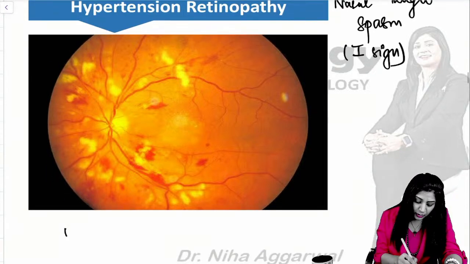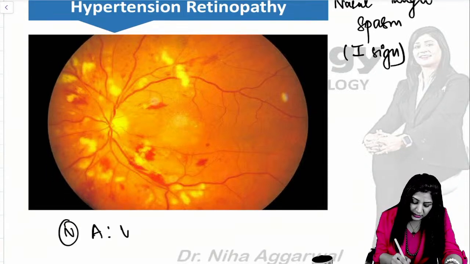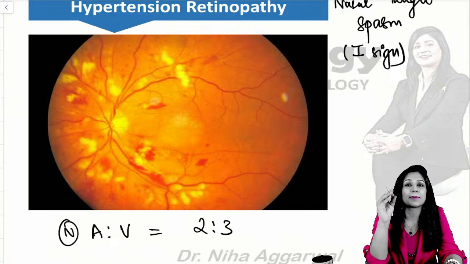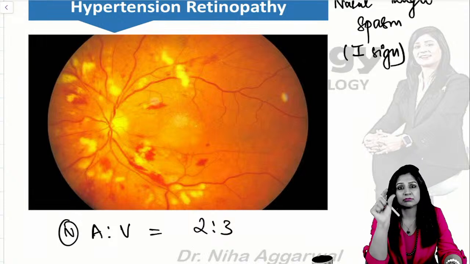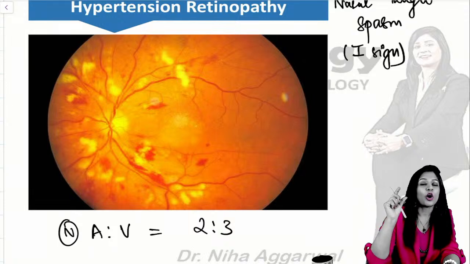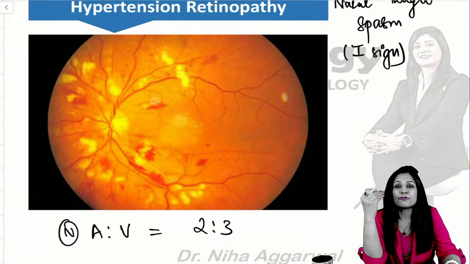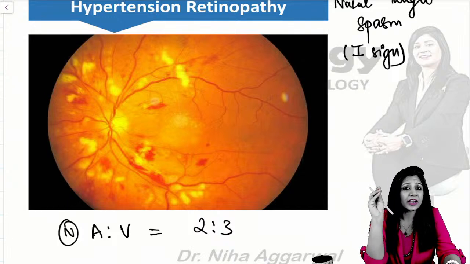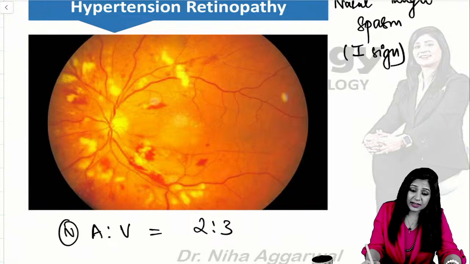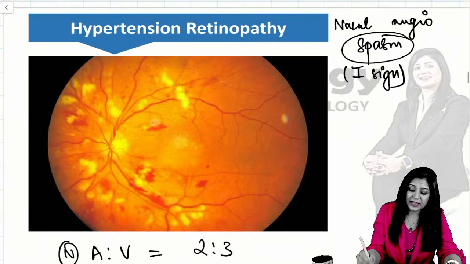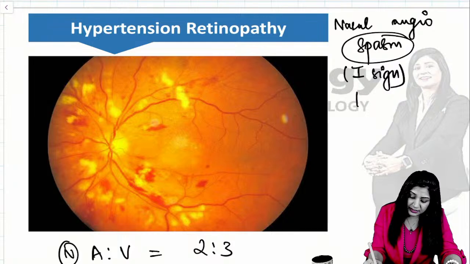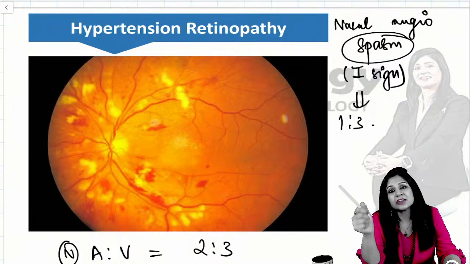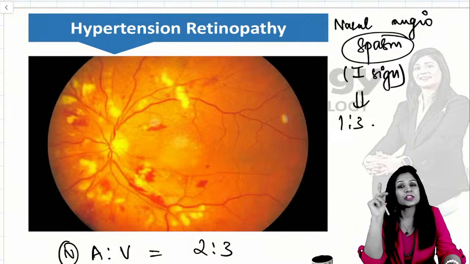The normal A to V ratio is 2 to 3. Even you should know this, when I compare the lumen, the diameter, the caliber of an artery and a vein, veins are always wider and the artery is thinner. Now here we are having more thinning. Spasm means thinning. So here it is becoming 1 to 3, from 2 to 3. So this is the first sign.